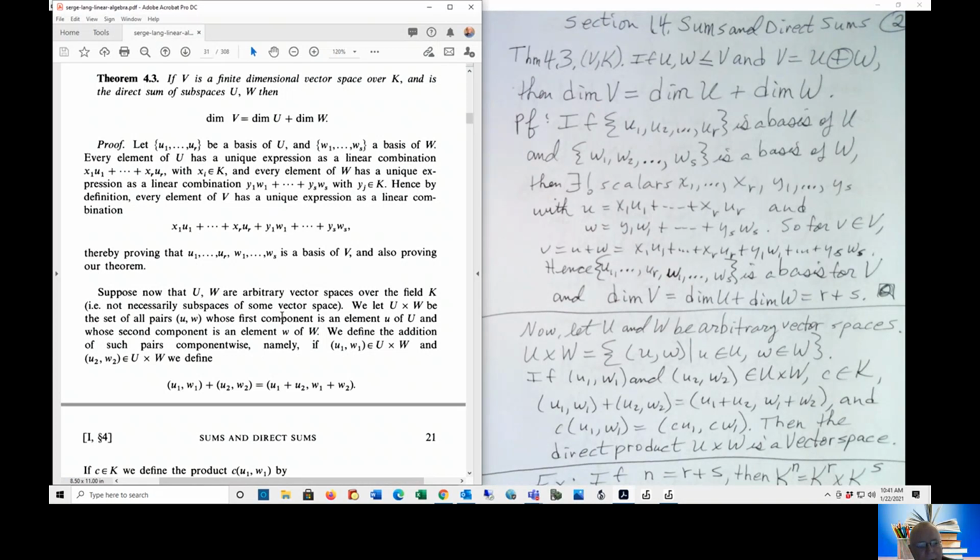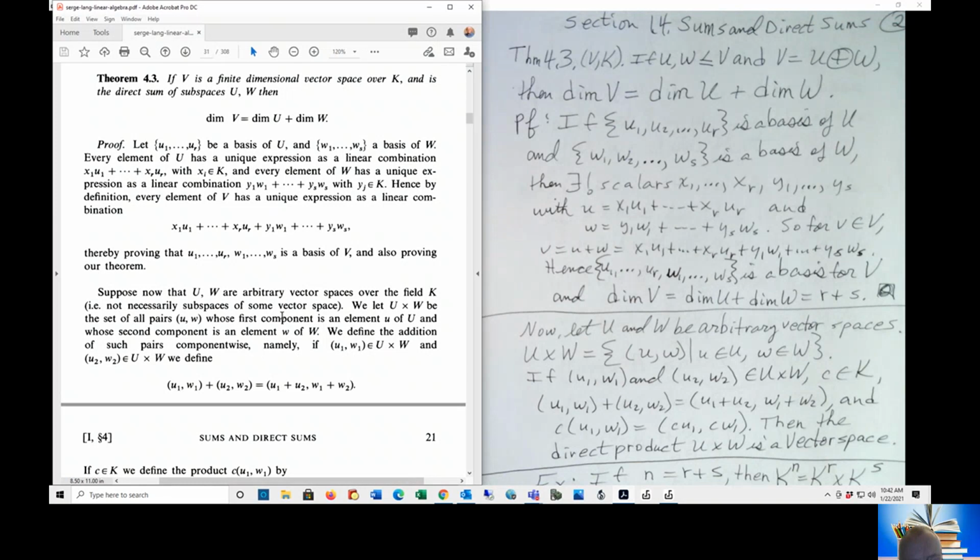So that proves that putting all of them together, the ui's and the wj's, form a basis for V. And that also proves our theorem that the dimension of V is the sum of the dimension of U and the dimension of W.